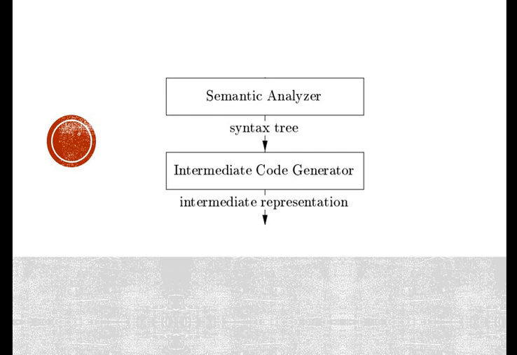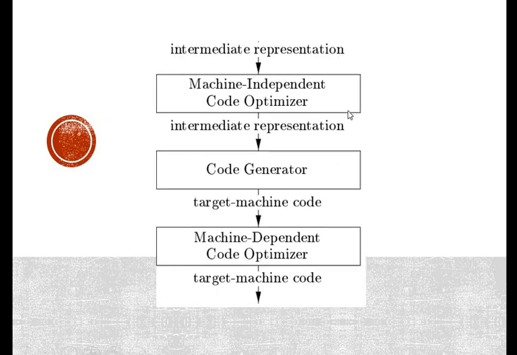Then the intermediate code is generated. Intermediate code generator is a phase. After intermediate code generation, we have a code optimizer which optimizes the code and also gives us intermediate code representation. After that, another code generator generates the target machine code, and then optimization is done again in the machine dependent code optimizer phase, and finally we get the target machine code.